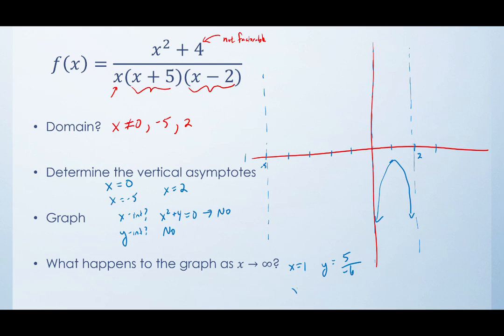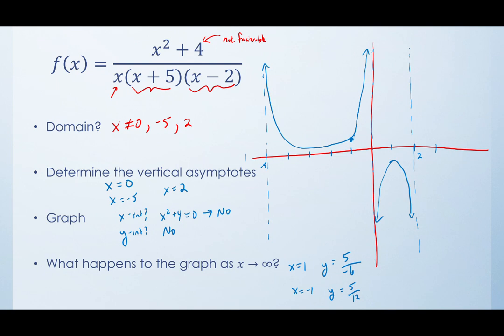We could try x equals -1, and that's going to give us 5 over, let's see, -1 times 4 times -3, so that's going to be positive 12, right? So at -1, we know we're like here, let's say. And so again, we know our graph has to be doing something roughly like that because we can't cross the x-axis or the vertical asymptotes.